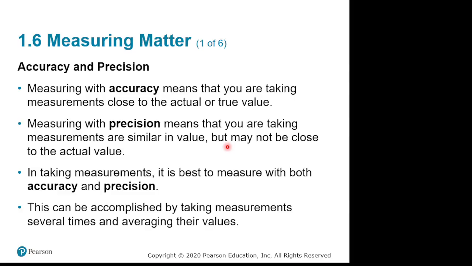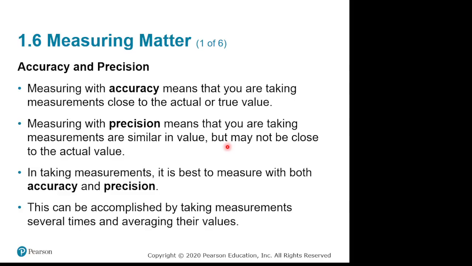Okay? So precision means that you're taking measurements that are going to be very similar in value, but they're not close to the actual target. So this would be precise. Really, really close grouping, right? So very precise, but nowhere near the actual value.